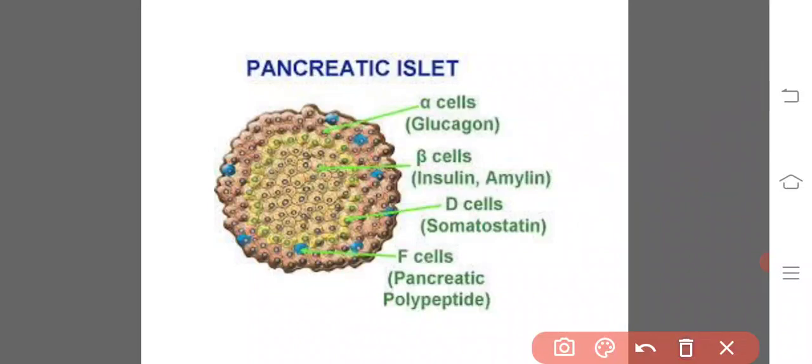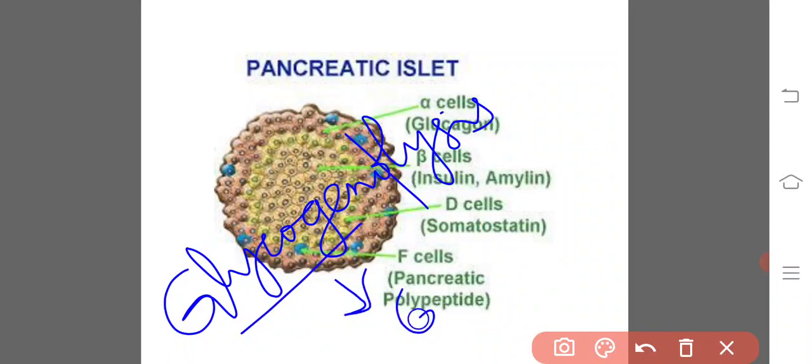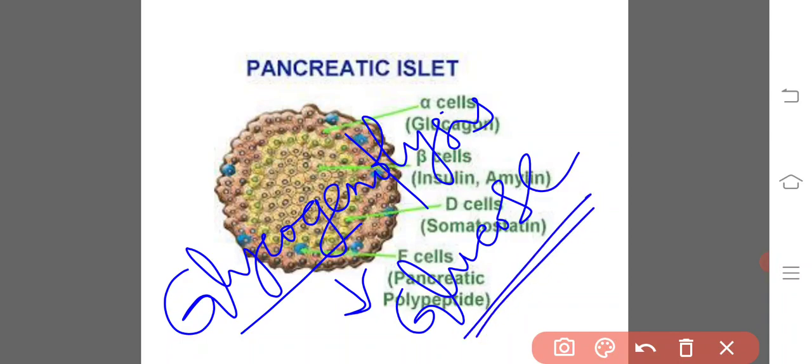What is glycogenolysis? Lysis of glycogen, the breakdown of glycogen, whereby glycogen gets converted into glucose. So as and when there is free glucose in the blood, there is an increase in the blood glucose level.